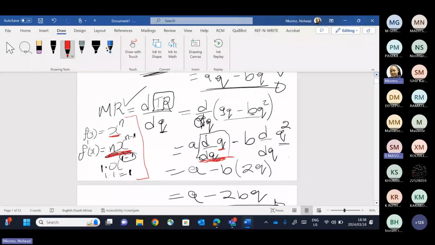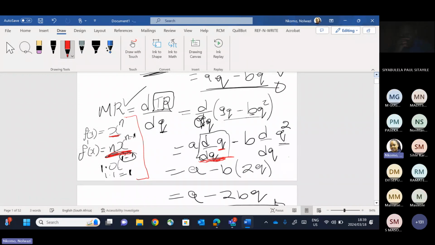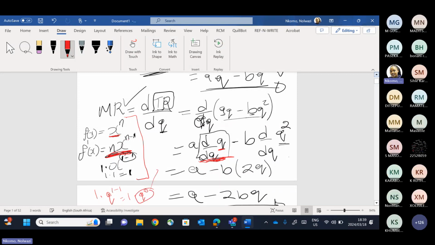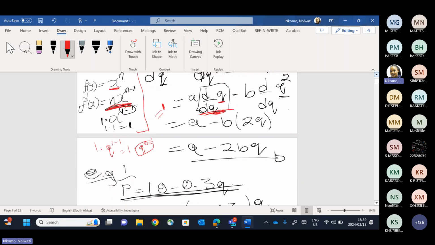Where there is n, you put 1. That means you'll have 1 times Q to the power 1 minus 1, which is 1 times Q to the power 0. We said this is equal to 1, so this simply means we have 1 times 1, which is 1.